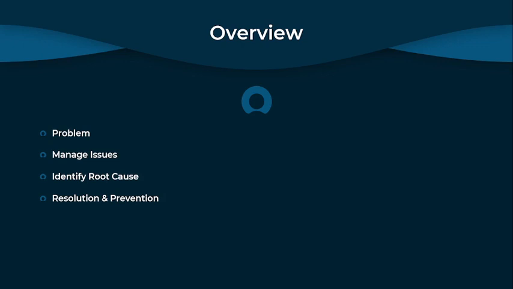Then manage issues. With ServiceNow ITSM, managing issues involves leveraging the problem management module to systematically handle identified problems. Upon logging a problem, detailed information including symptoms, affected services, and potential impact is captured.